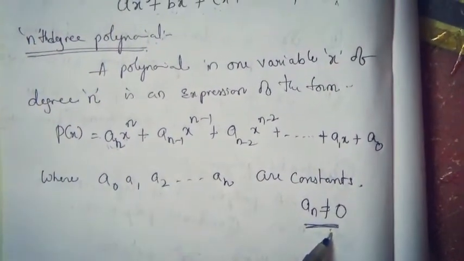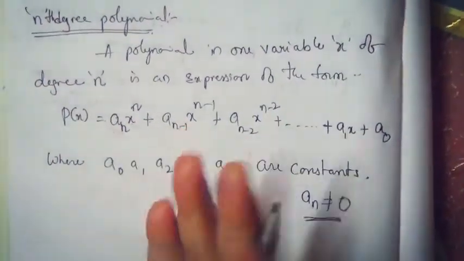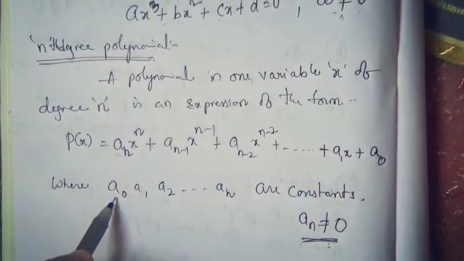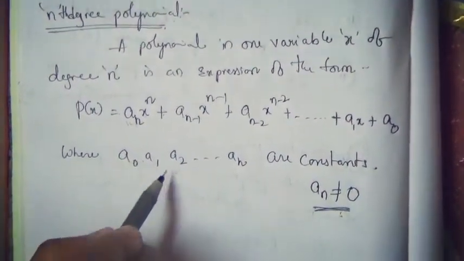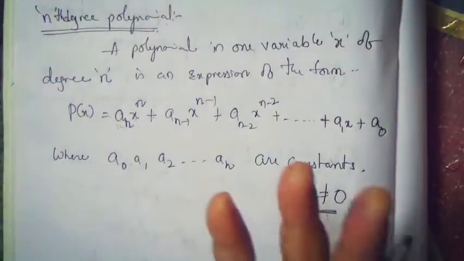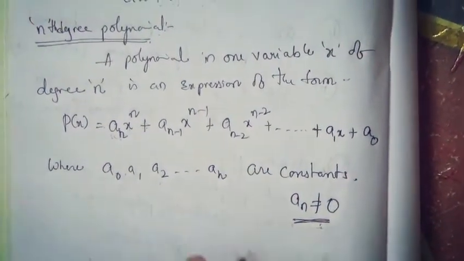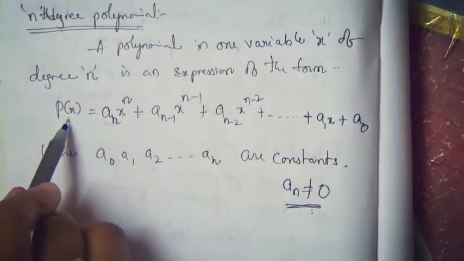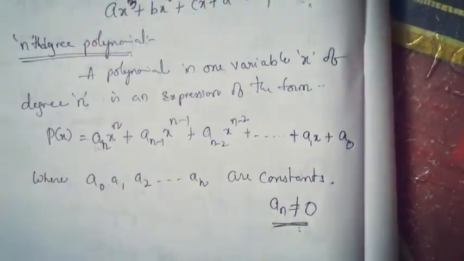Yes. So by this equation, in the place of a0, a1, a2 and an you can use any constant terms, and you can also use any variable, right?